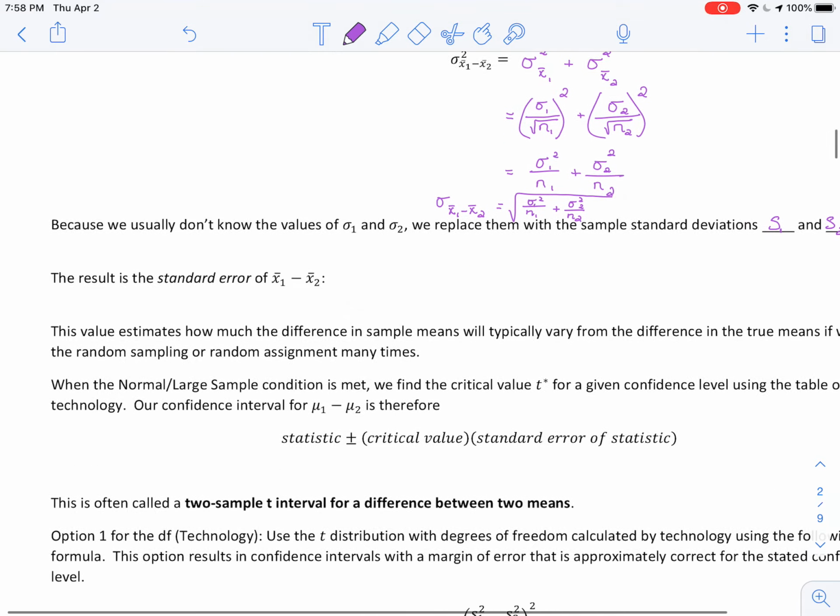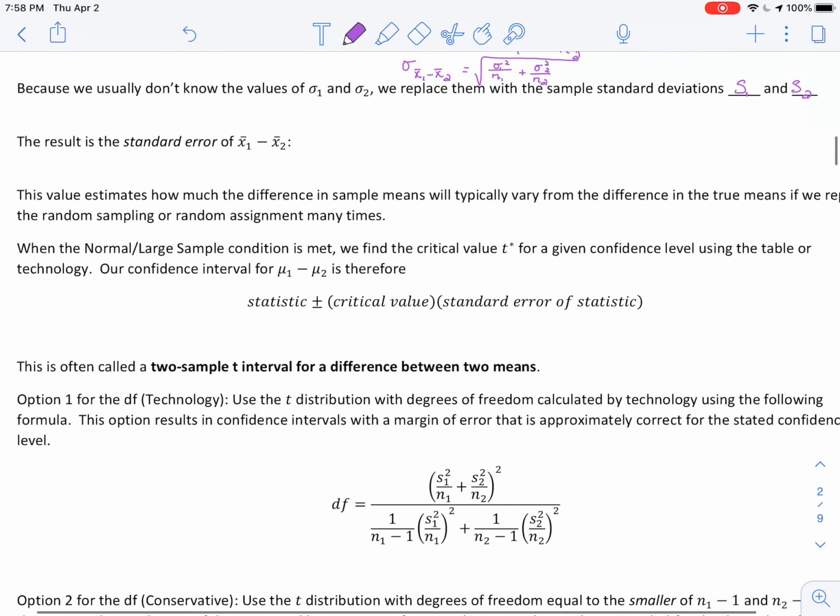So the standard error, the thing that we will be multiplying our critical value by to make sure we have the width correct, is going to be, and remember the notation on the AP formula sheet looks like this, s sub x bar sub 1 minus x bar sub 2. Standard error of the sampling distribution of the difference of sample means would be, I just wrote it out, but I'm going to write it again. Nope, not going to write that.